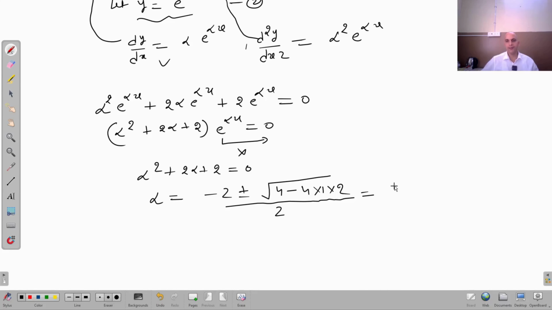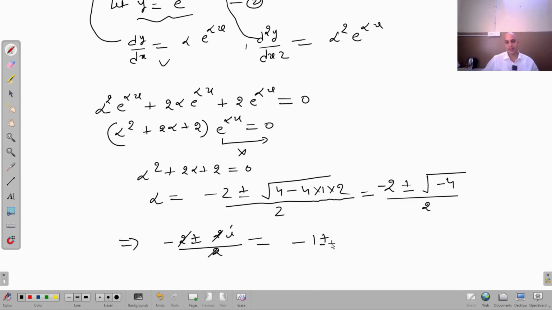So minus 2 plus minus under root minus 4 divided by 2. So minus 4 under root means it is now minus 2 plus minus 2 iota, right, divided by 2. So when I took 2 common, it got cancelled. So I got minus 1 plus minus iota.